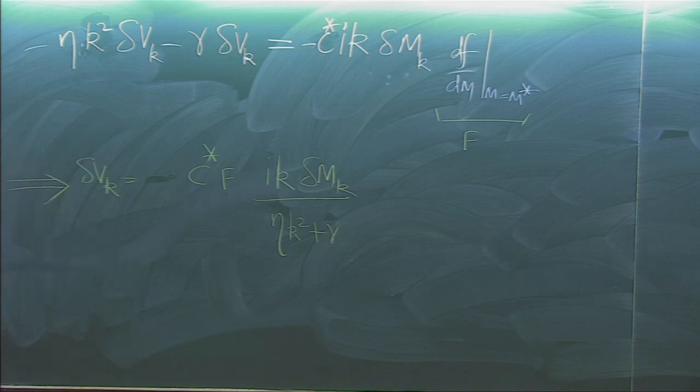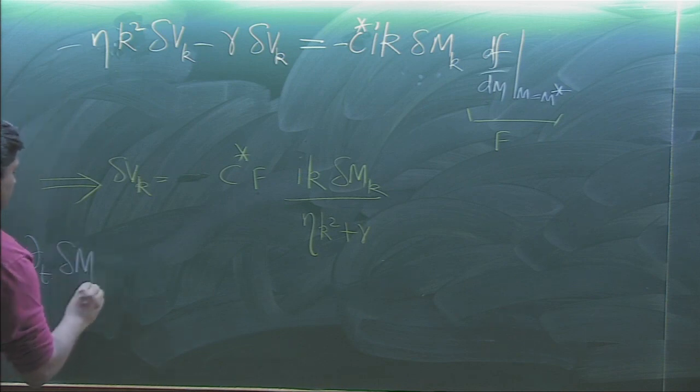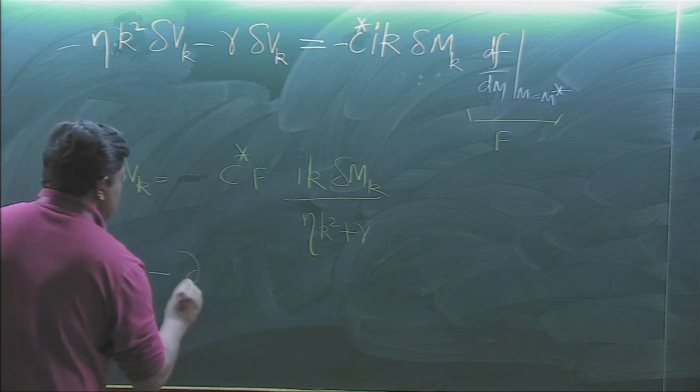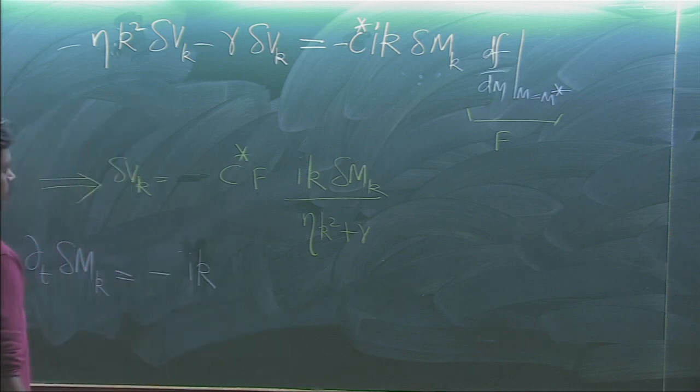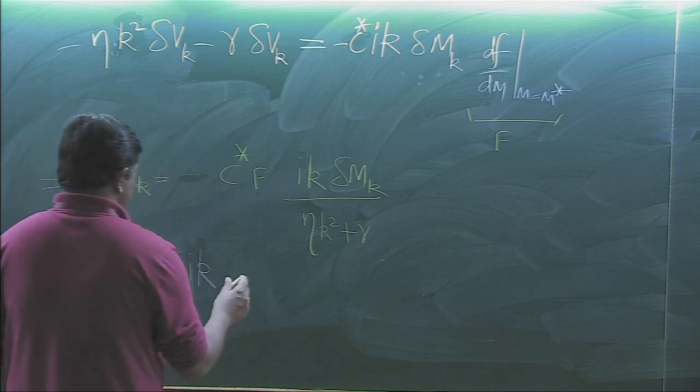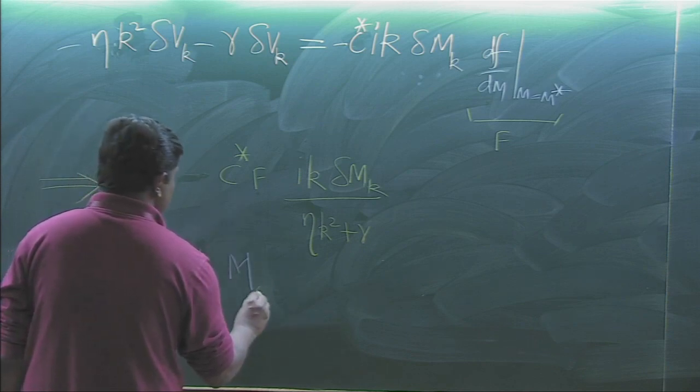So now we go to the concentration equation. And again, if you follow the same procedure that we did yesterday, you will find that the time derivative of delta mk is minus d x, which means basically Ik, times m naught.